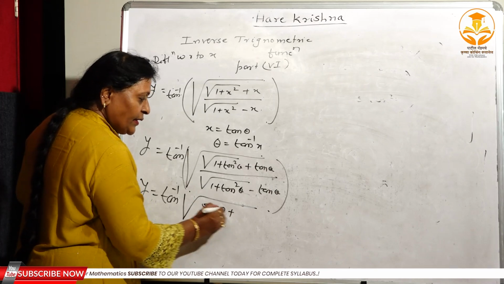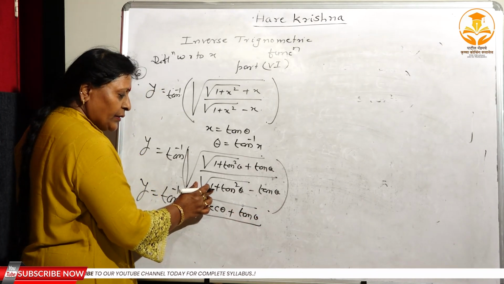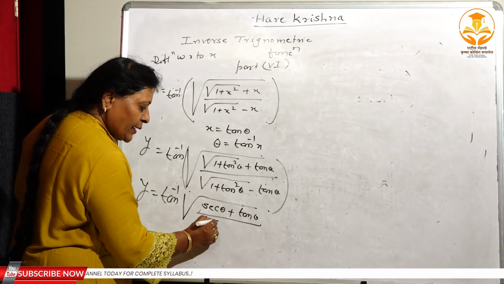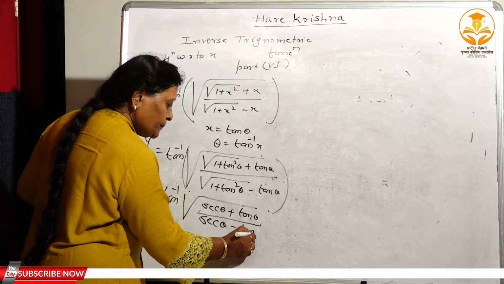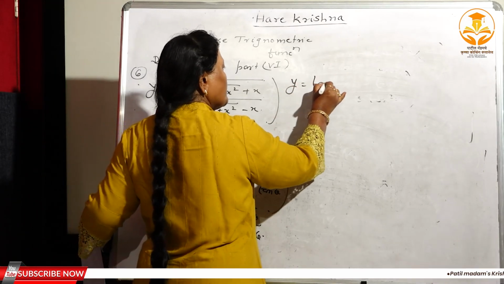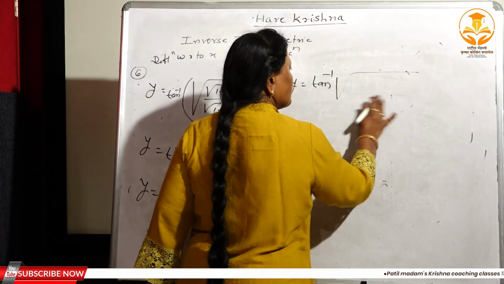Here again sec theta plus tan theta. Here you have got 1 plus tan square theta, that is sec square theta, and the square root of sec square theta, again sec theta and minus tan theta. Again what can you do here? The only choice is to make the conversion, because there is no such formula.